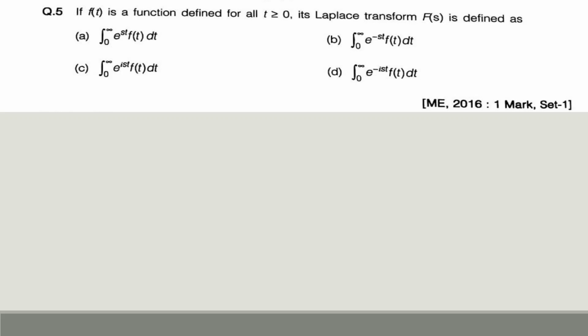This question is very simple. This one also is the standard form here. Okay, guys, question number 5. If f(t) is a function defined for all t greater than or equal to 0, its Laplace transform F(s) is defined as? This question was asked in mechanical engineering for 2016, a 1 mark question, set 1. This is also the standard form.